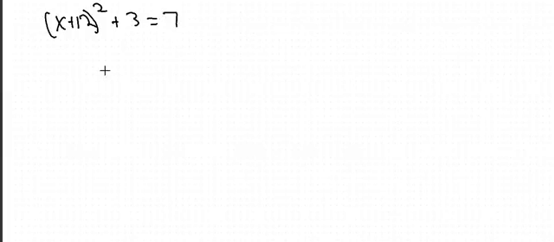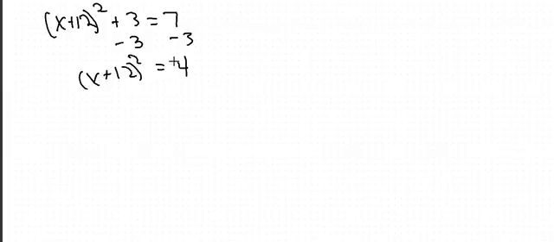All right. So the next problem, x plus 12 in parentheses squared plus 3 equals 7. So get rid of the 3 first. x plus 12 squared equals 4. And square root both sides. Square root of 4 is 2. Or, yeah, x plus 12 equals plus or minus 2.